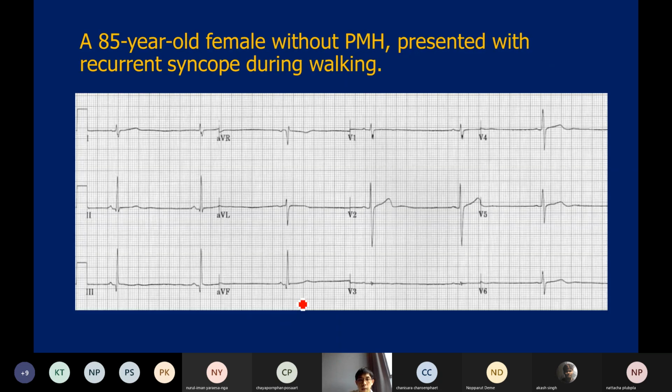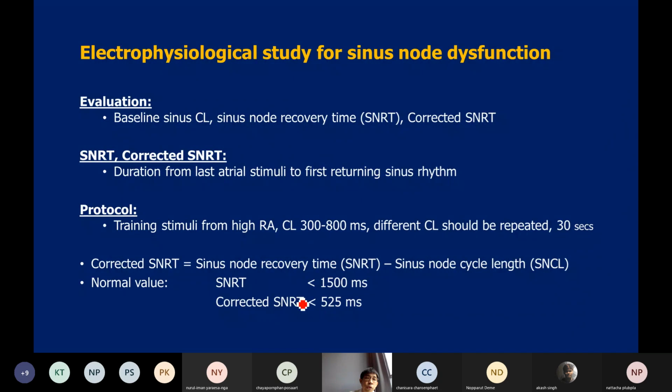If we do the electrophysiology study, or EPS, in sinus node dysfunction, what would we see? First of all, we evaluate the baseline sinus cycle length, to see what the sinus rate is.